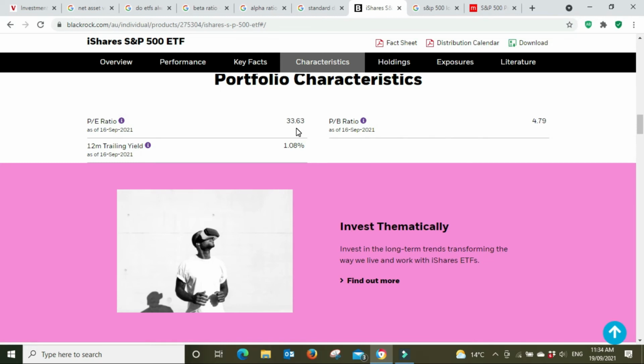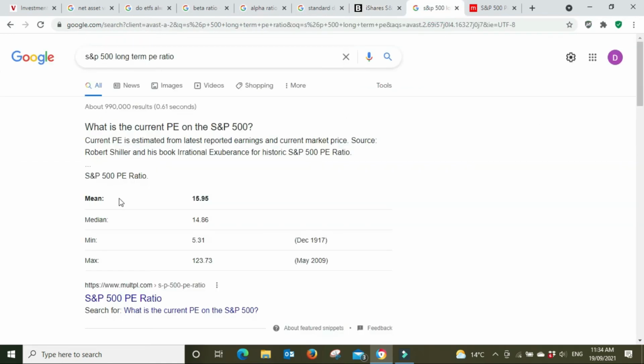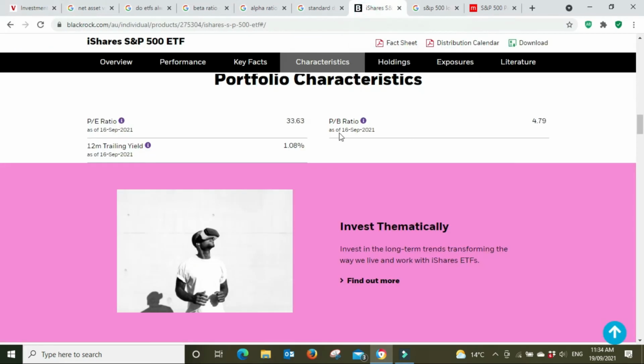Let's have a look at what the long-term average of the S&P 500 ETF is. The mean average of the S&P 500 PE is 15.95. And we're currently trading at 33. So it's about double what it's normally at, double the long-term average.